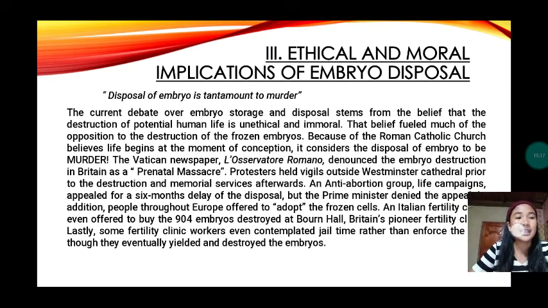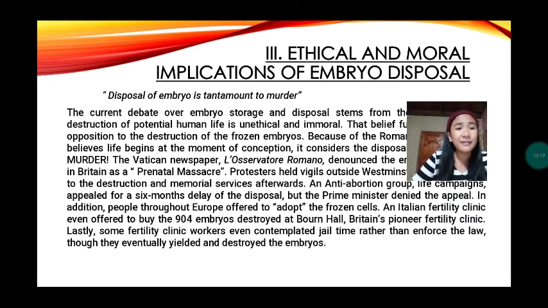An Italian fertility clinic even offered to buy 904 embryos destroyed at Bourn Hall, Britain's pioneer fertility clinic. Lastly, some fertility clinic workers even contemplated jail time rather than enforce the law, though they eventually yielded and destroyed the embryos.